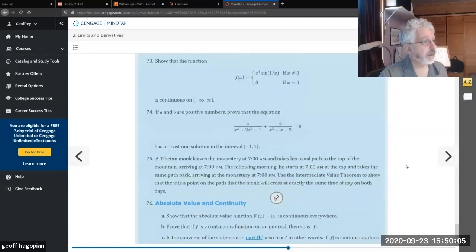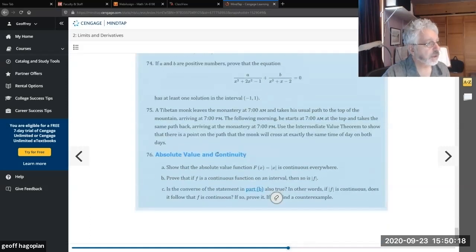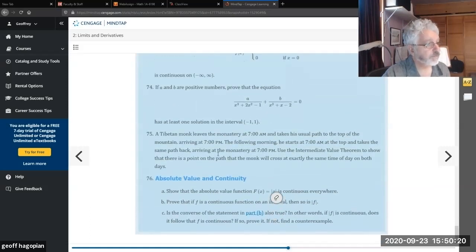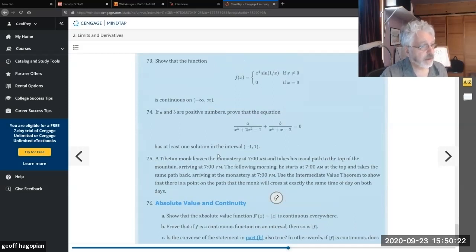All right. I don't want to belabor that too much longer since it's now 8:50. We need to get on to 2.6 today. So if a and b are positive numbers, prove that this equation has at least one solution in the interval. I can't resist. Let's try to get to 74.